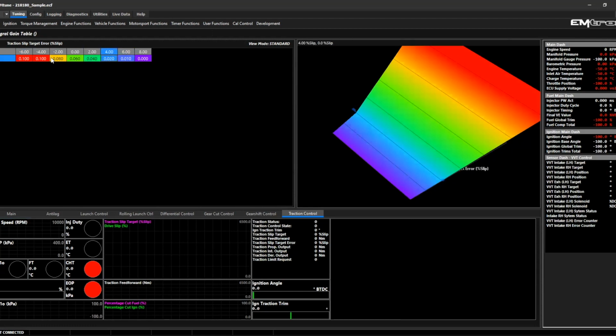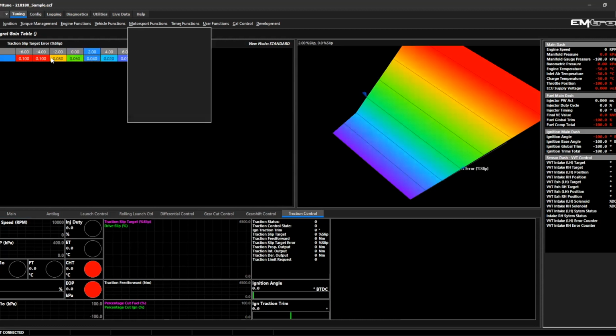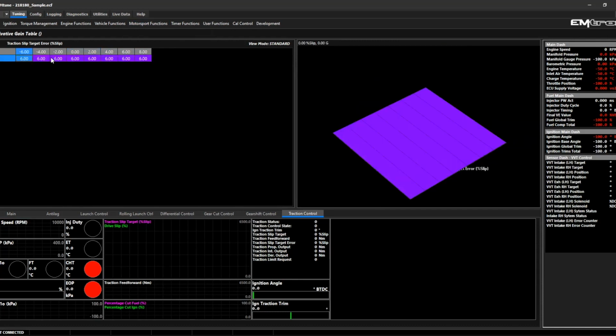That gives the integral a moderate amount of gain to track it into the zero slip target, and that's proven to be reasonably effective. Derivative gain, in this case, we've got a gain of 6 here. That seems to be a pretty good place to be. But again, don't touch any PIDs until you get that feed forward and those tables set up right.